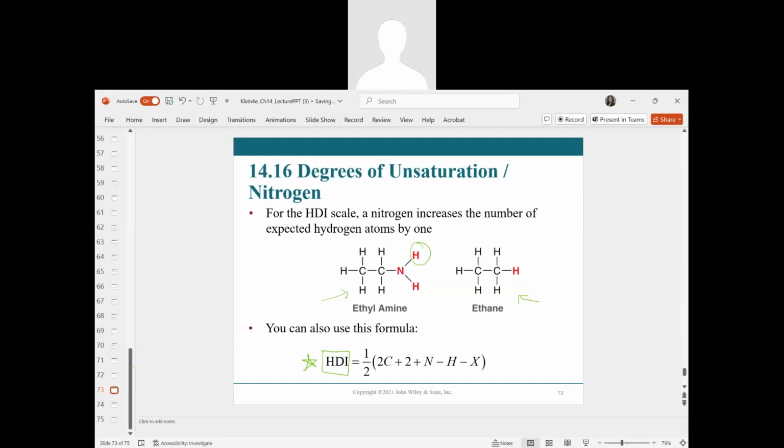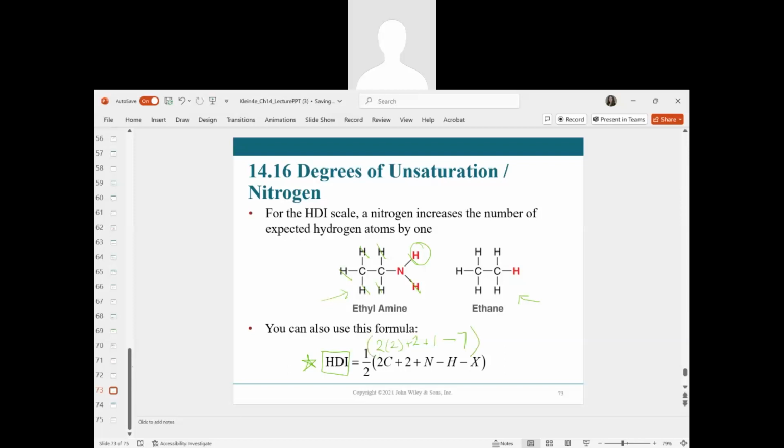Say we wanted to plug in values for ethylamine here. We have 2 carbons, so we would plug in 2 times 2 plus 2, plus 1 nitrogen, and then we would subtract 1, 2, 3, 4, 5, 6, 7 hydrogens. There are no halogens.